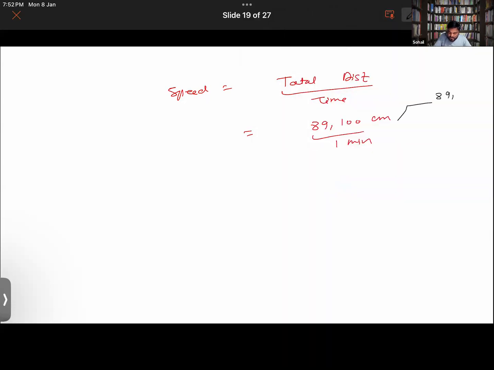So 89,100 upon 1,000 in order to convert into kilometers, and it will be 1 upon 60, right? So basically, can I not write it like this? 89,100 upon 1,000 divided by 1 upon 60. I hope there is no confusion in this simple thing.